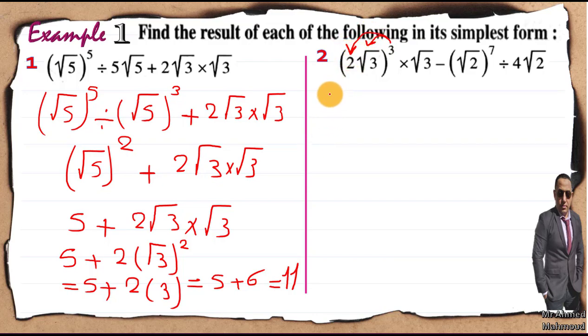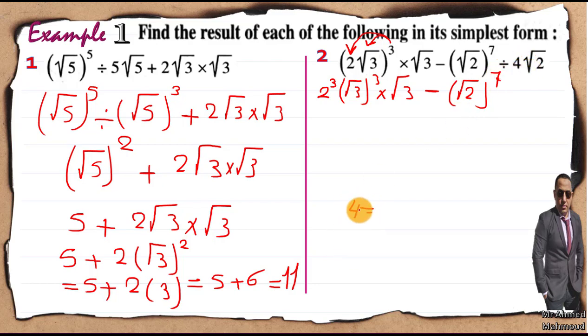So it is 2 power of 3 times root 3 power of 3 times root 3 minus, okay, minus root 2 all to the power of 7, okay, like this, divided by 4 square root 2.